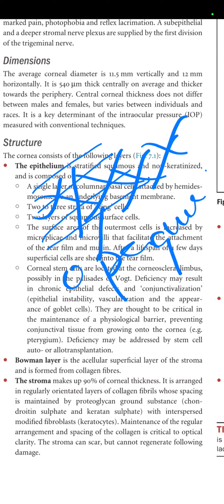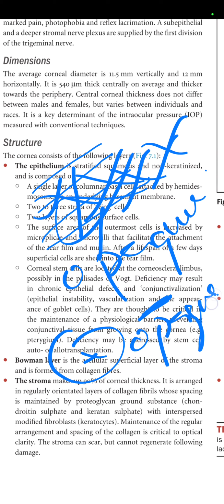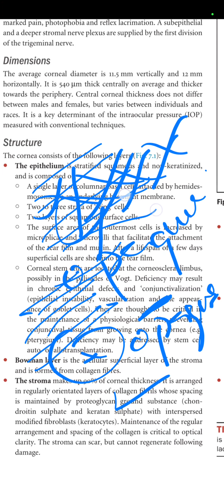So the stroma can scar but cannot regenerate following damage. Anything which damages the stroma leaves a scar, so it becomes opaque because there is an irregularity in the regularly arranged fibrils. So it scars but it does not regenerate.